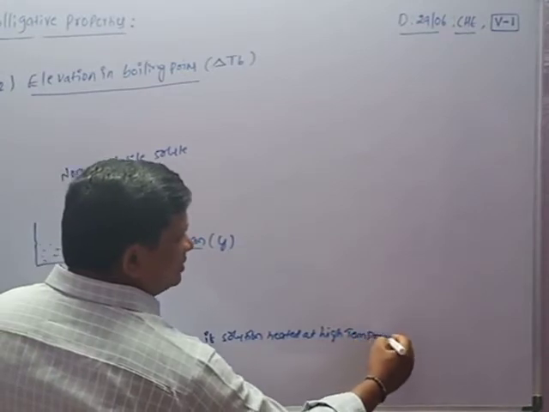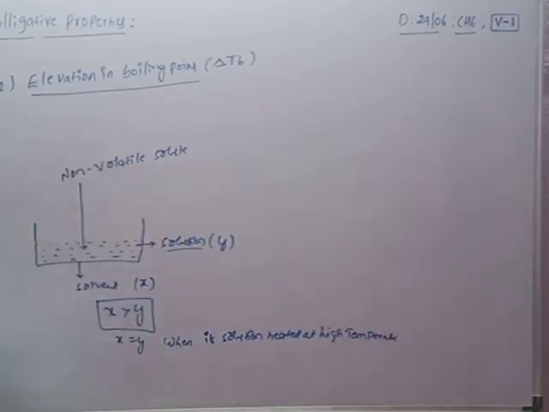At high temperature, the vapor pressure of the solution becomes equal to the vapor pressure of the solvent, and both become equal to atmospheric pressure. This is known as elevation in boiling point.